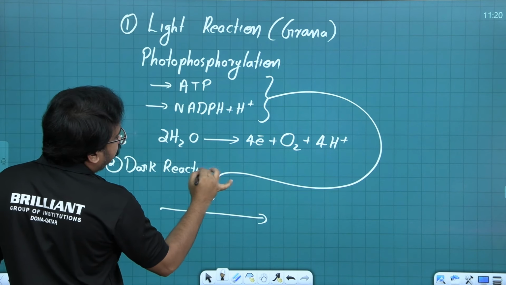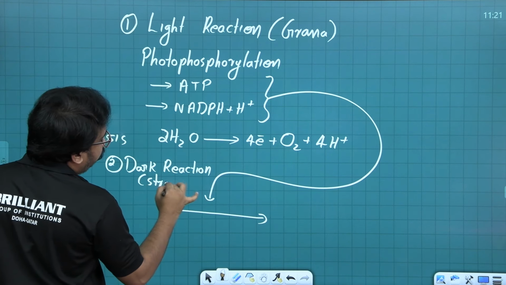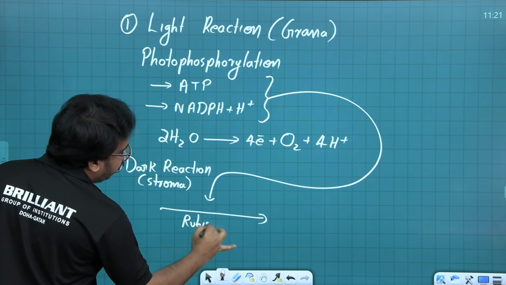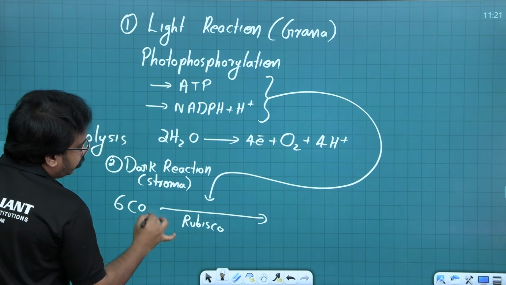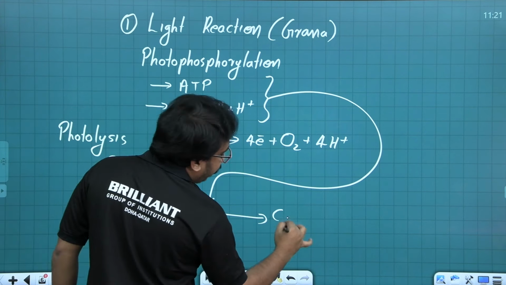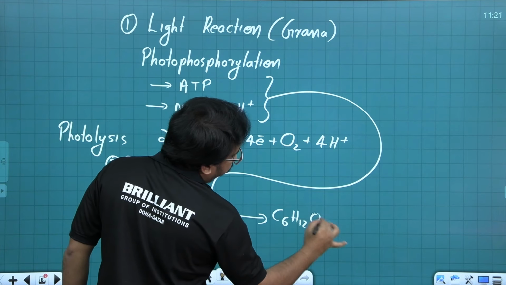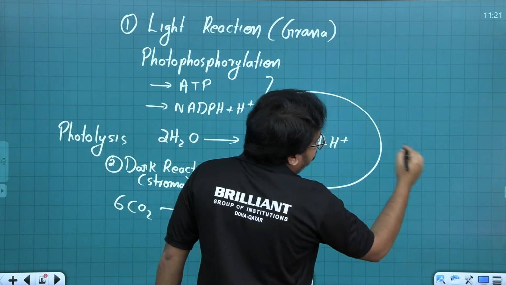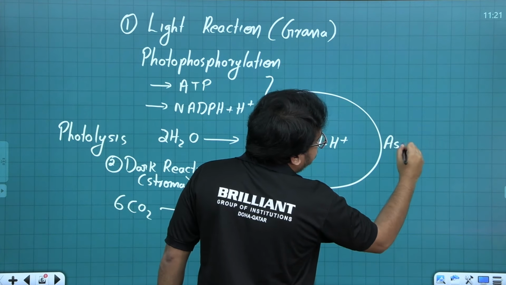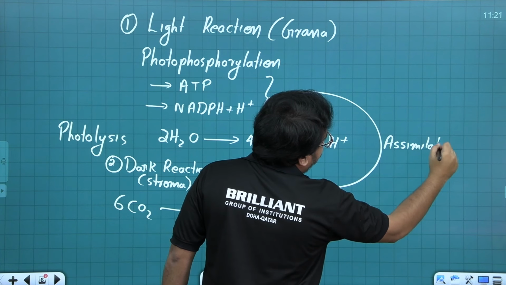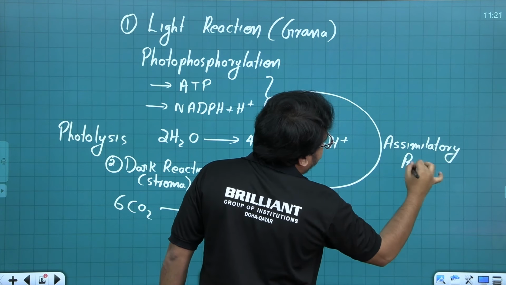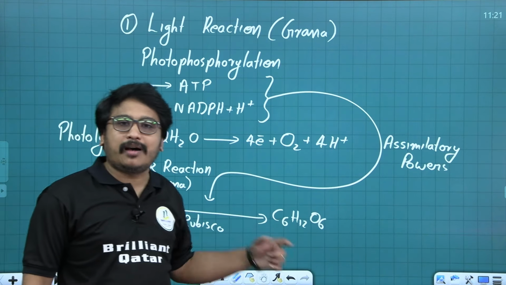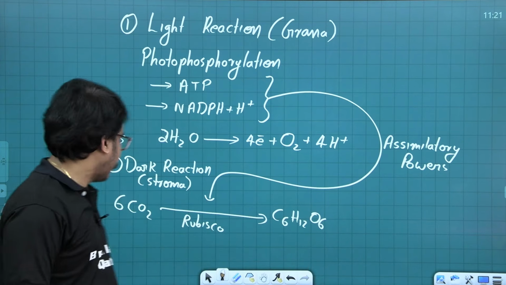This dark reaction will occur in the stroma. And in the stroma, by using the enzyme Rubisco and all, carbon dioxide will get assimilated as hexose sugar. So this chemical energy is actually called assimilatory power, because it is used for carbon dioxide assimilation.